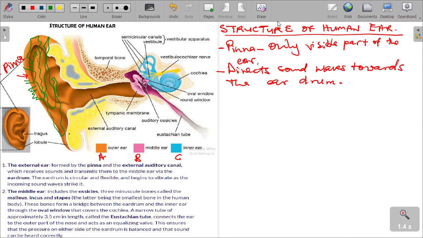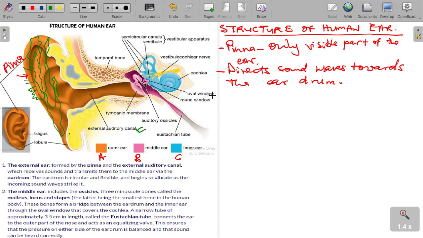And then the next part we need to talk about is the external auditory canal. I can mark it again, external auditory canal, number 2.